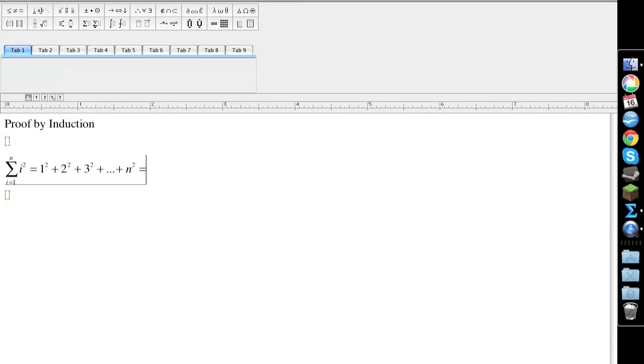And this is supposed to be n times n plus 1 times 2n plus 1 divided by 6. So this is what we know, and this is what we are going to prove. I'm gonna call this formula right here S as a function of n, S for sum, as a function of n.